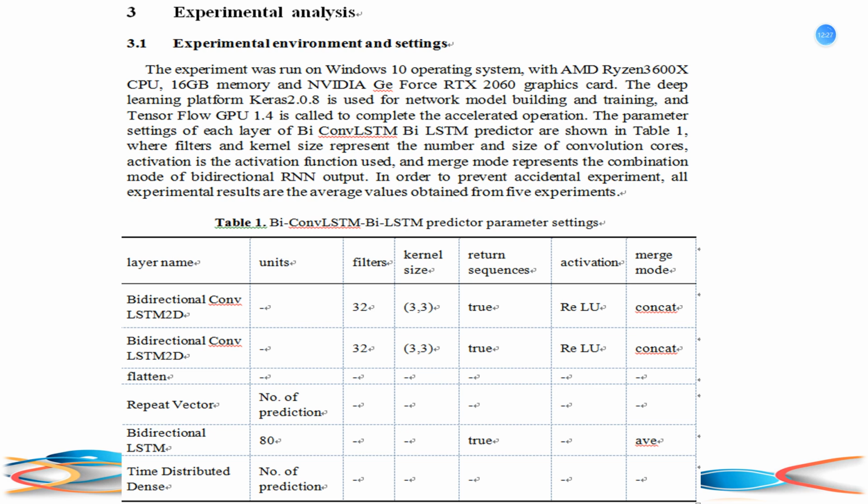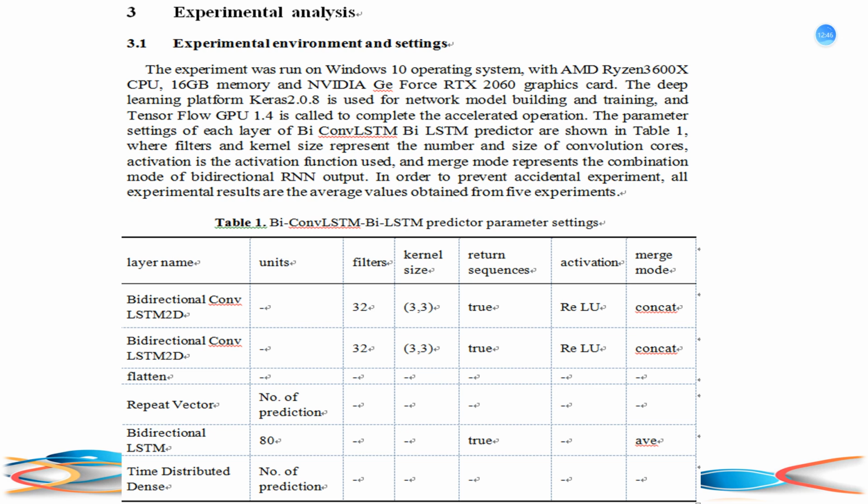The parameter settings of each layer of the predictor are shown in Table 1, where filters and kernel size represent the number and size of convolution cores.